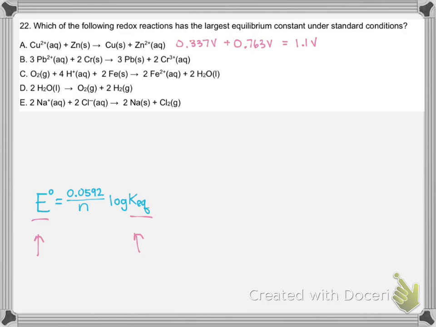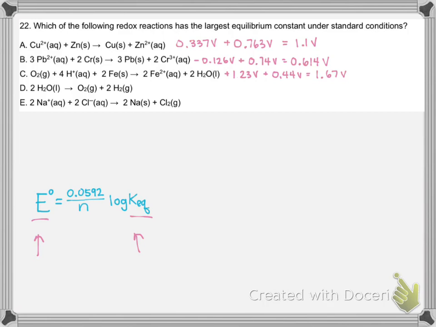And we'll just do that same thing for each one. So for B, we'll have a cell potential of 0.614 volts. And for C we'll have a potential of 1.67 volts.